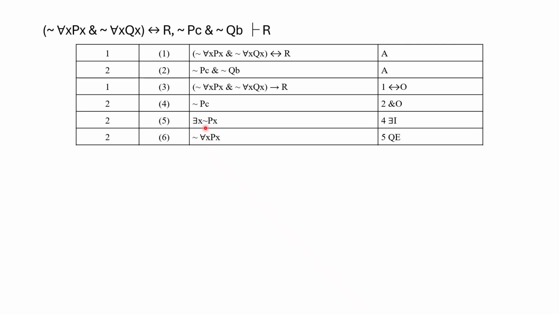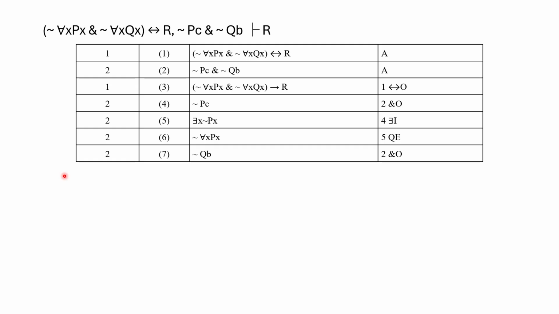I'm taking this tilde, which is on the inside, and moving it to the outside. As I'm flipping it, I'm changing the quantifier from an existential quantifier to a universal quantifier. So flipping the tilde across from inside to outside, changing the quantifier from an existential to a universal: quantifier exchange rule. It works in both directions here.